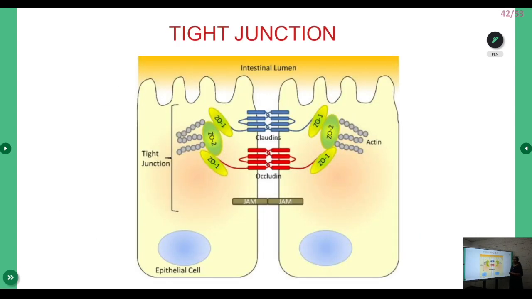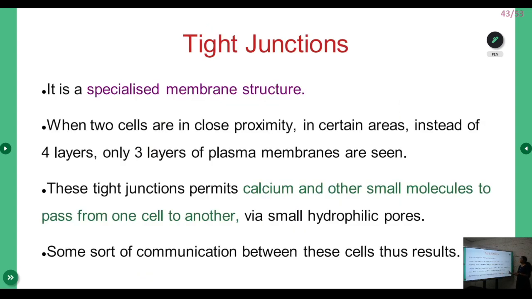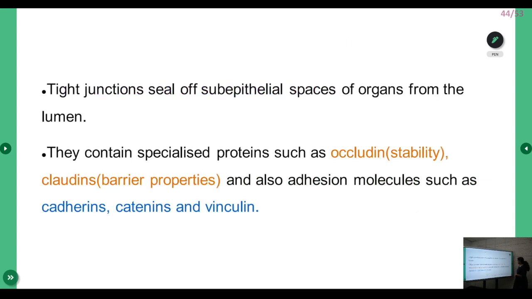The next topic is tight junctions. Tight junctions are the connections that hold two cells together. They are specialized membrane structures present when two cells are in close proximity. These tight junctions permit the movement of substances across the cells through small hydrophilic pores, and some sort of communication also occurs between these cells.